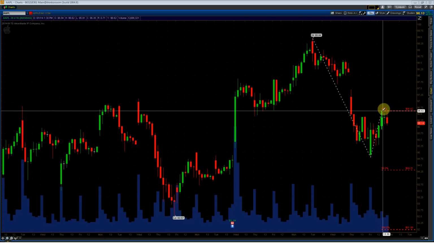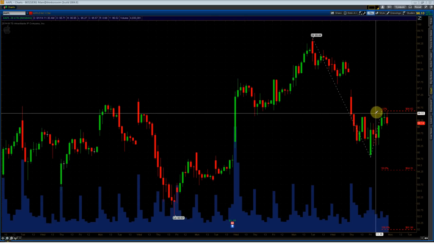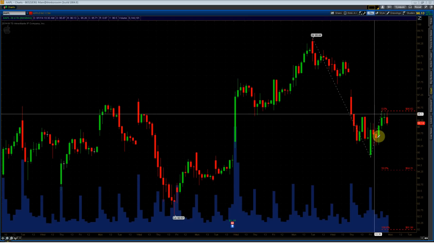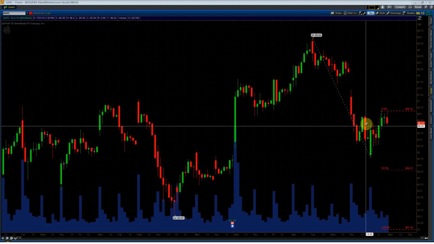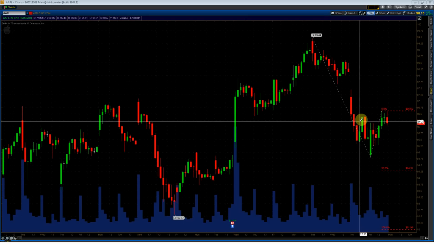Now, if you watch the video lesson that we did a couple weeks ago on the 60-minute chart for Apple and watch the Fibonacci extension video, you'll see why each one of these is individually important. And that's a big thing to understand.